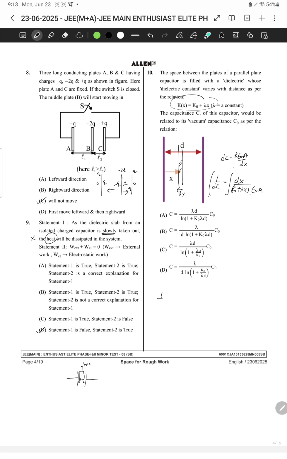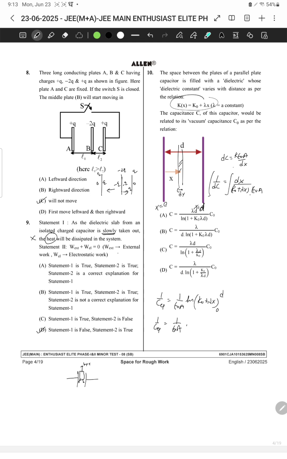So that's how we can integrate. On the left hand side we have 1 by C equals 1 by epsilon naught A times the integration of dh by K naught plus lambda h, and the limits will be 0 to d, from h equal to 0 to h equal to d. Now just put the values and we'll get the answer.